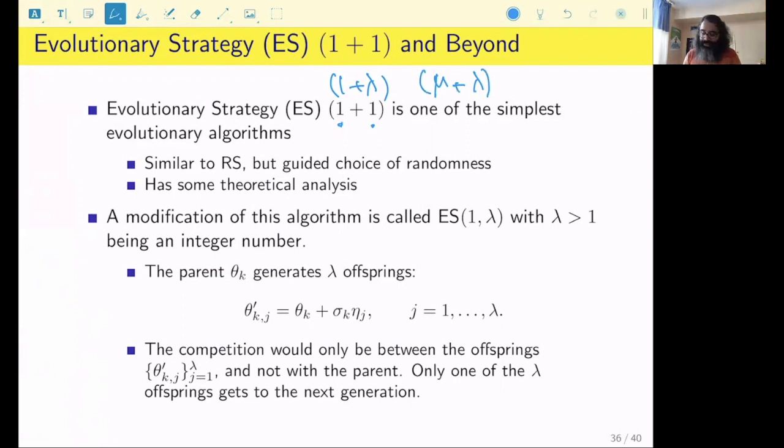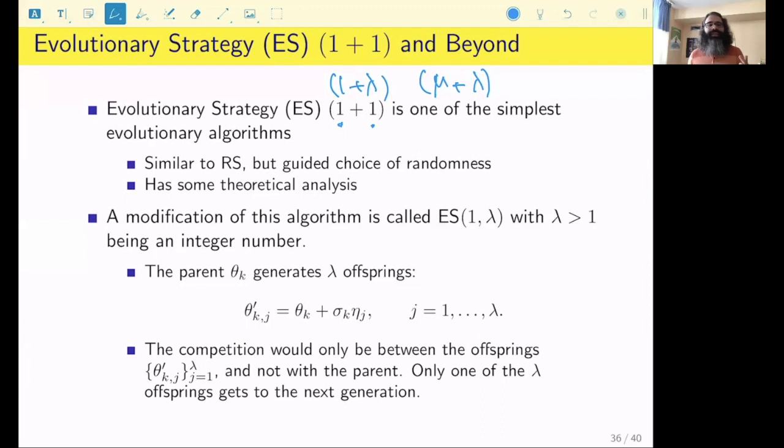The reason I mention this simplest method is not necessarily because it's the best method, but because it's very similar to random search. In random search we also generate only one next theta prime, and then we compare it.